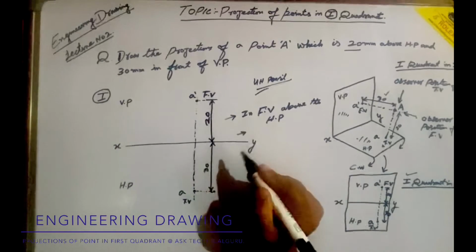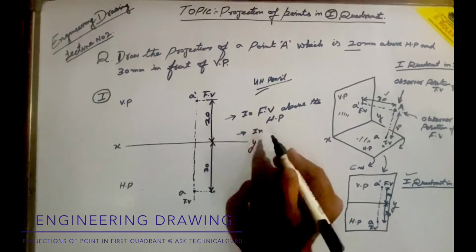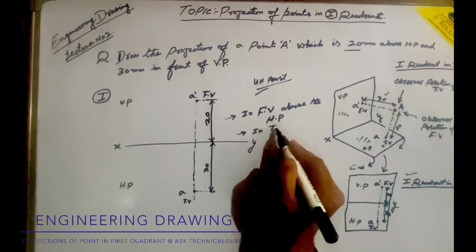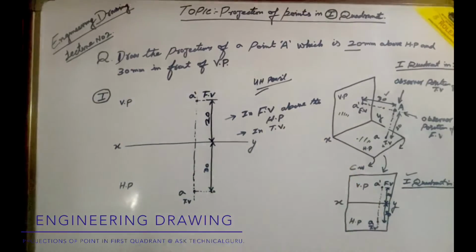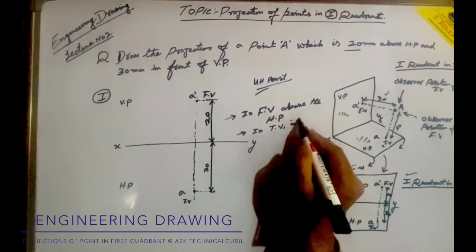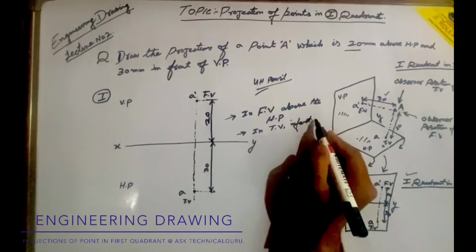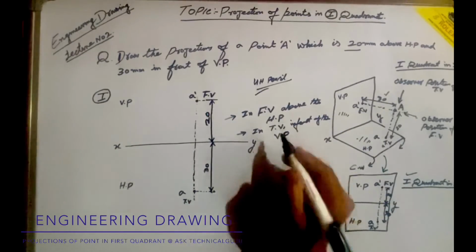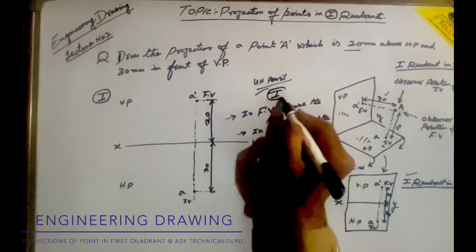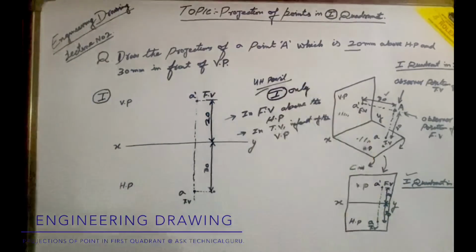Now second point, remember this point also. In top view we are able to see how much is the object in front of the vertical plane. This is in case of first quadrant system only, and in case of second quadrant we will discuss that in the next lecture, how the distance will be visible to us.